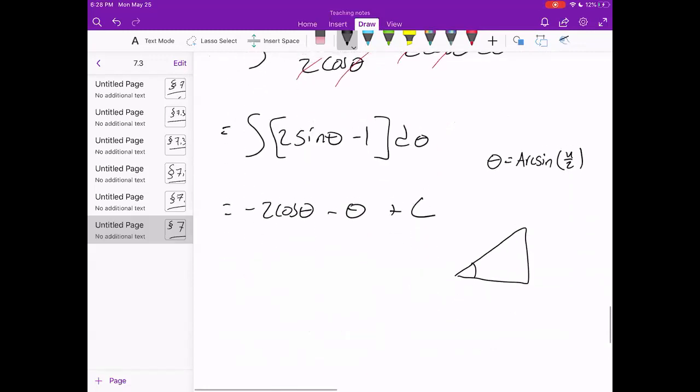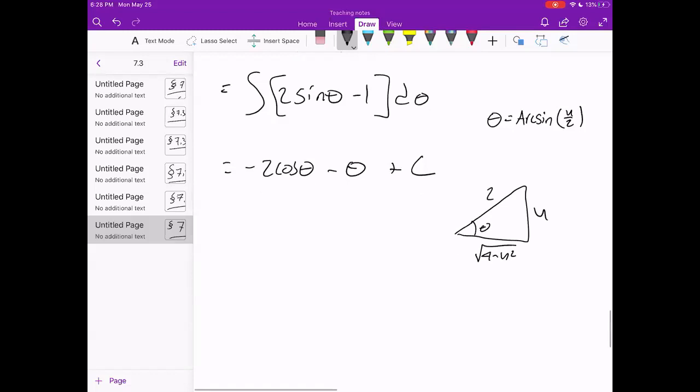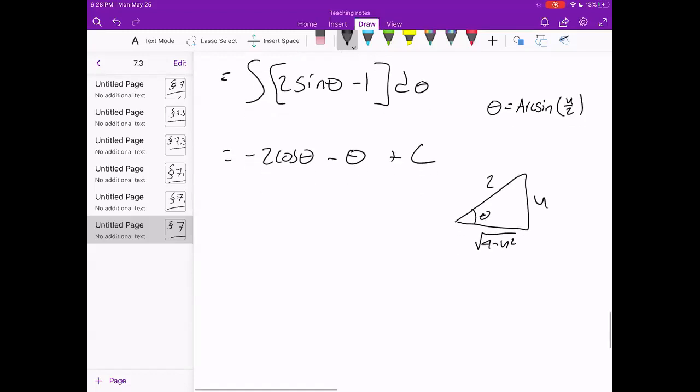So this is theta here, which is the arc sine of u over 2. So opposite over hypotenuse, this would be u, this would be 2 then. And this would be the square root of 4 minus u squared. So you can figure out what the cosine of the arc sine of u over 2 is.